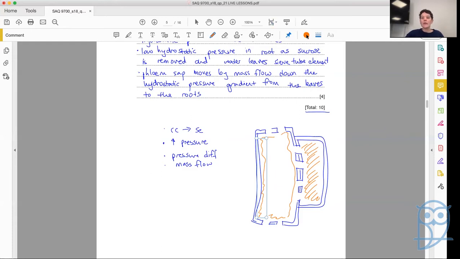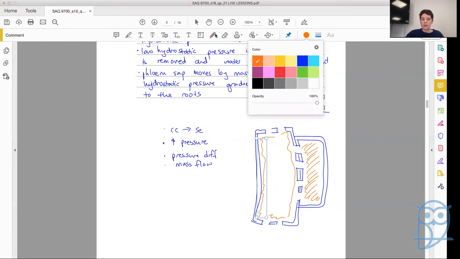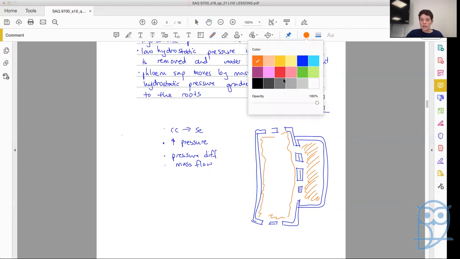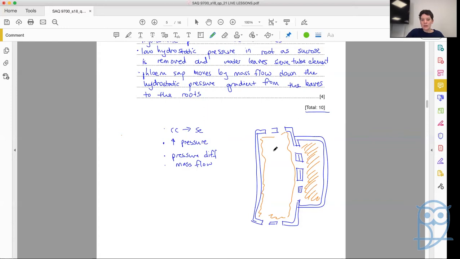Okay? When we're now talking about these other things, we are talking about the sucrose. Let's put sucrose in green because it's product of synthesis. So the sucrose comes in and it's a disaccharide. So there's our sucrose molecules. Okay.